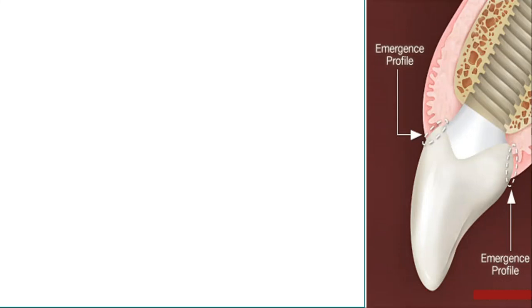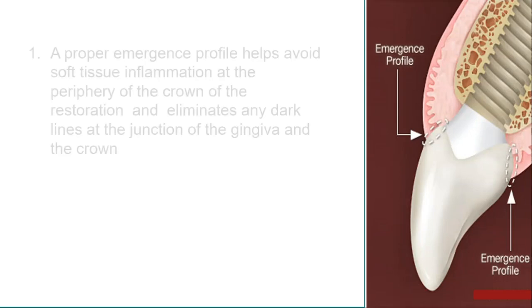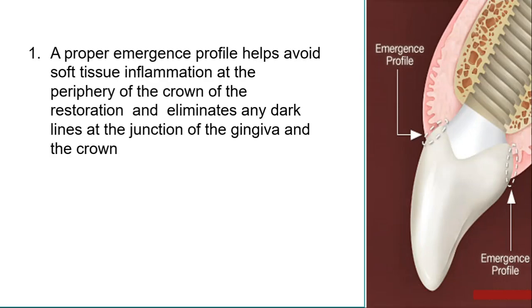It would be the emergence profile of the final restoration or the tooth that will help you decide whether space closure or prosthodontic replacement will be applicable. So a proper emergence profile will help you make that decision whether or not to move the tooth to take the place of a missing one, or to help you decide whether it's best to have a restoration.